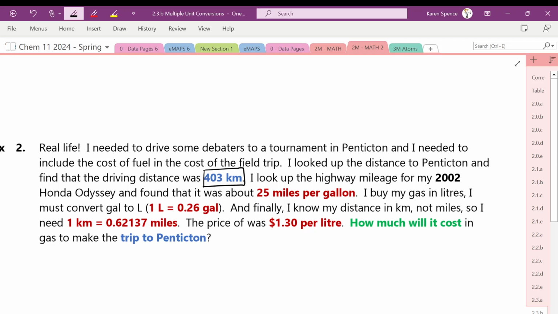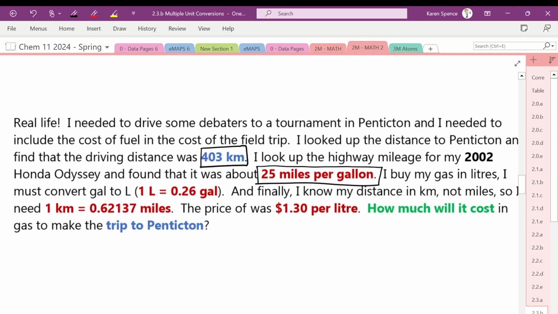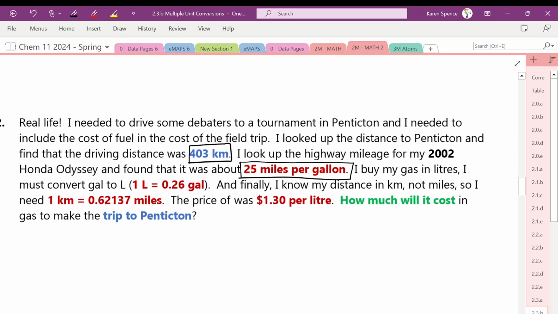I had a 2002 Honda Odyssey, and I went and I looked up its mileage. I could only find it on a US site, so it gave me my mileage in miles per gallon. When I go to the gas station, though, I don't buy in gallons, I buy in liters. So I needed to go look up a conversion factor between liters and gallons.